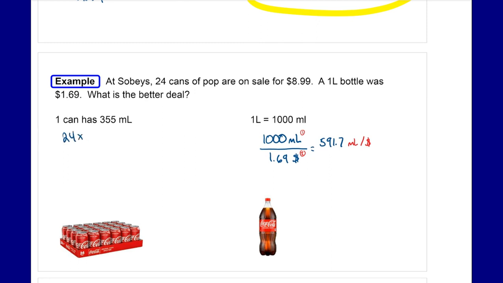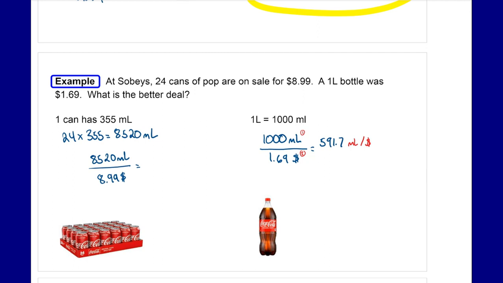So 24 cans times 355 milliliters equals 8,520 milliliters. Now I can set up a unit rate, same as the other one, divided by $8.99, and we can figure out which one is going to give me the better value.